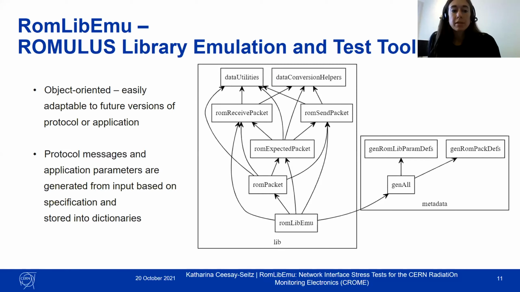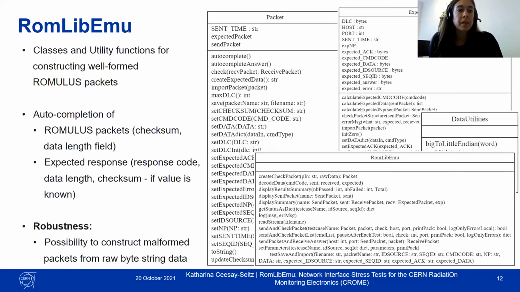The protocol messages and application parameters are generated from input based on the specification and then stored in dictionaries, which are then used by the functions and classes to create the packets. There are classes and utility functions to construct well-formed packets. They can be auto-completed so that it's easier to specify test cases.